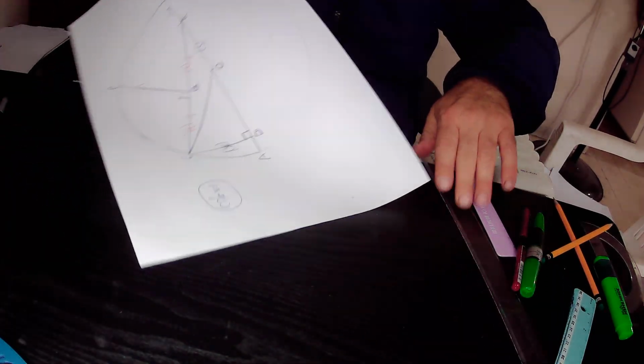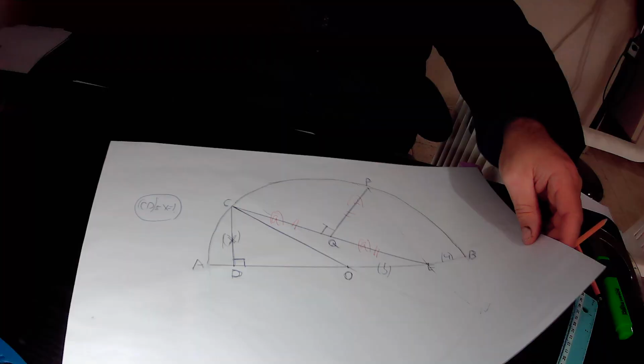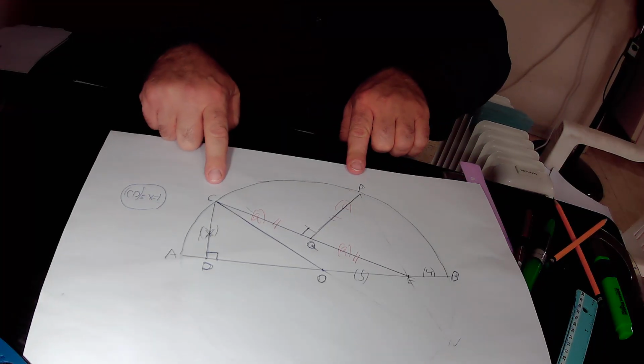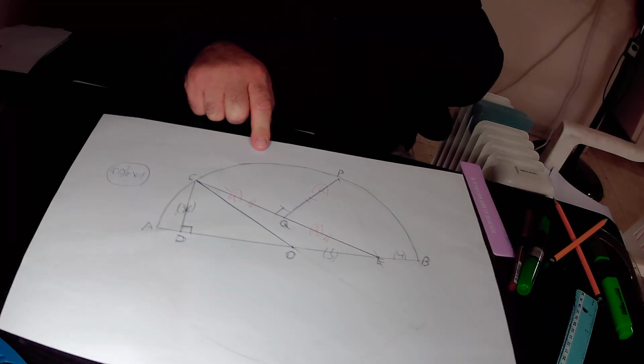In the next step, we'll join points C and P together by a straight line.